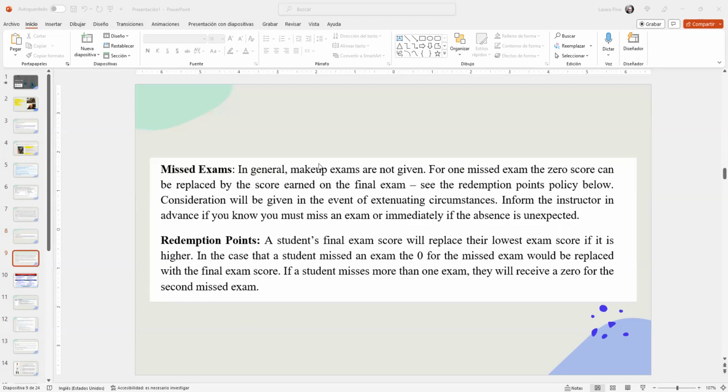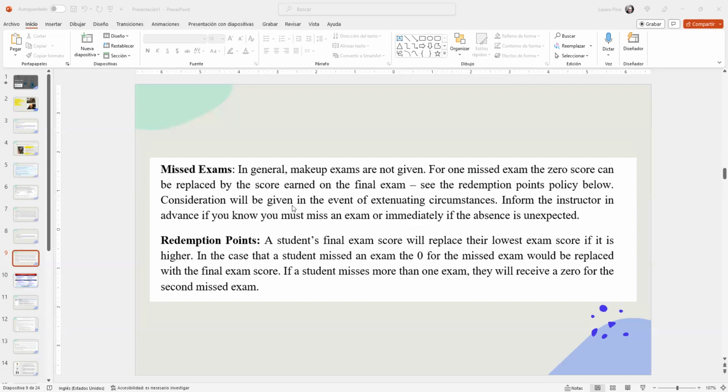You are not supposed to have makeup in exams, but I can change the 0 in one of the exams by the grade of the final exam. Also, I will replace the lowest grade in every category.